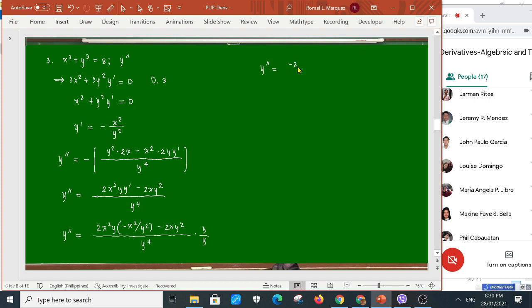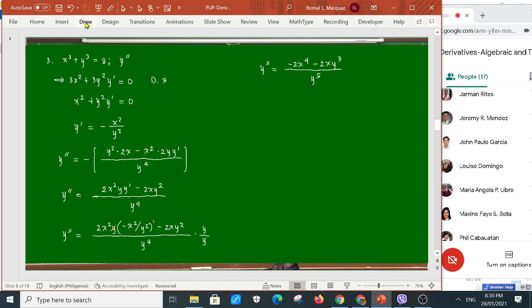So, negative 2x to the fourth, minus 2xy cubed, all over y times y to the fourth, y to the fifth. Am I correct, children? So again, ito cancel na dito. Negative 2x to the fourth and y cubed, negative 2x, y to the fifth. Okay guys?